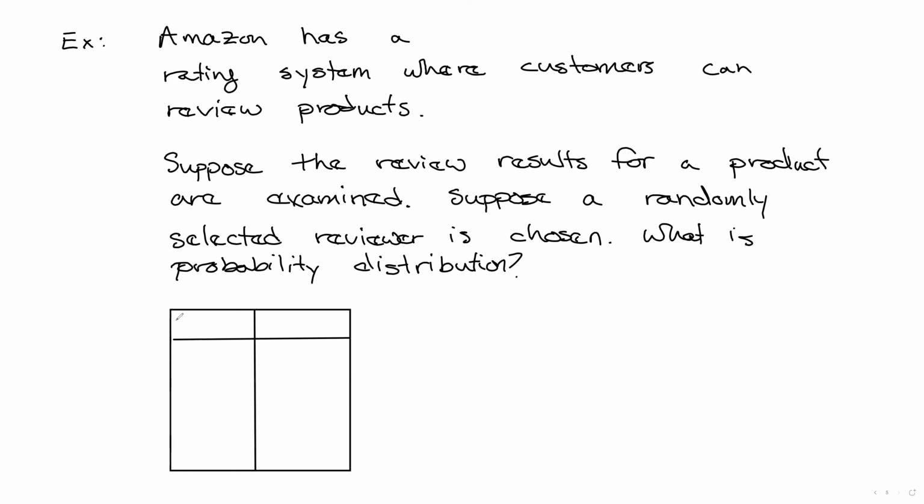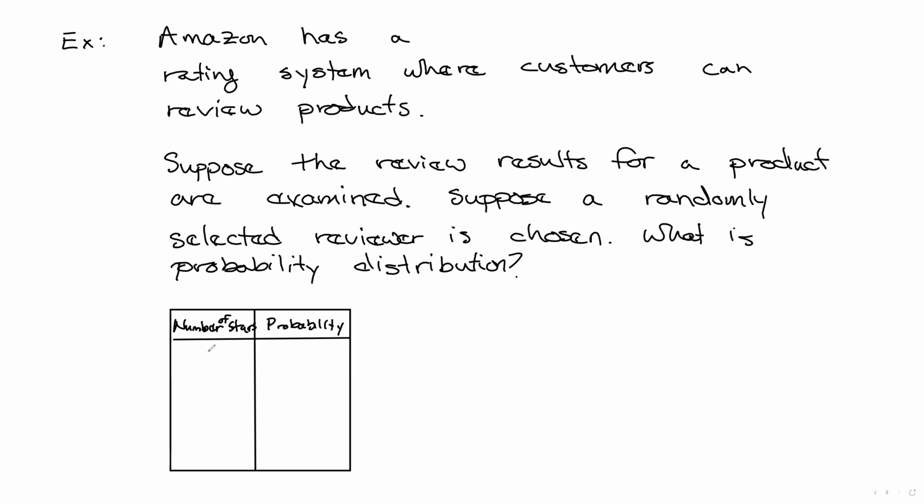We can list the possibilities. So we'll have number of stars, and then we'll have the probability over here. You'd have to calculate this by hand. I'm just going to give you this information because it's not given in the text.